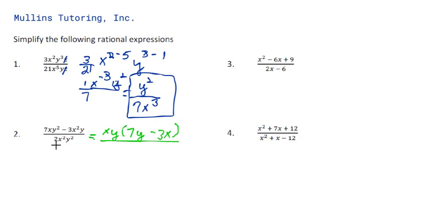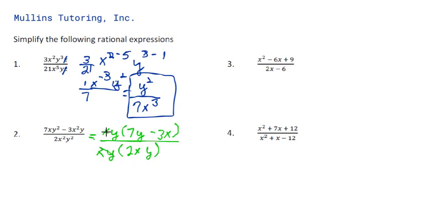When we look at our denominator, we have 2x squared y squared. Well, there's an x and y in both. So we're going to pull the xy out and have 2xy in the denominator.